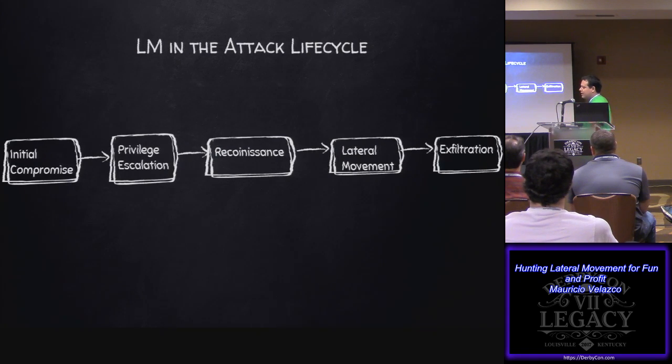I think that as an industry, and even the tools that are being sold to us, and believe me, coming from financial services in New York, there's a lot of tools that get advertised every day. Every day there's emails with new tools that prevent all the breaches that happen every day, right? So I think that we are focusing too much on the left side of the attack life cycle.